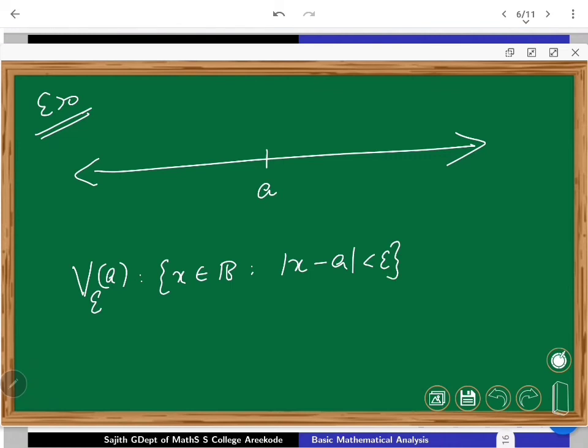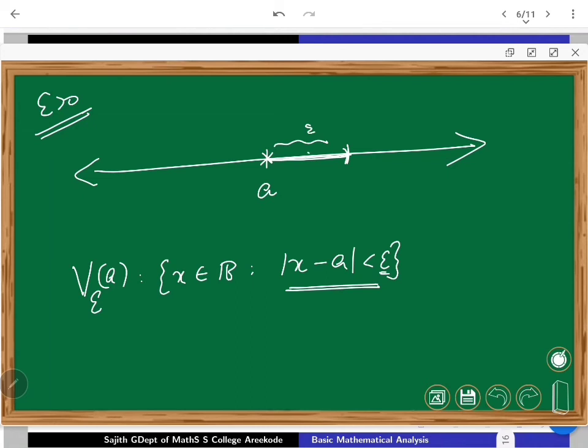From the experience of the previous statements, remember what this set consists of. I will be concentrating on centering at A, then I will move up to epsilon to the right as well as the left. Some distance I have to cover through the right, maybe this one, this is my epsilon distance. So I may consider any x here and I can go up to that. Similarly, I have all freedom to the left hand side also.